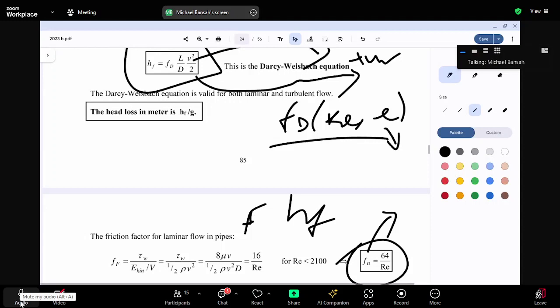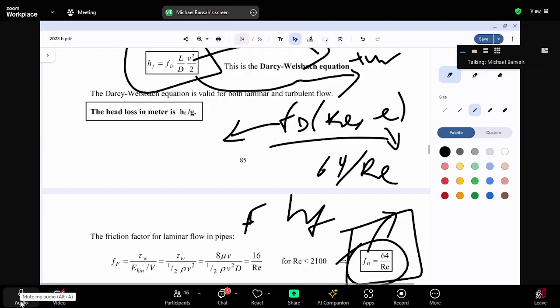But if it is laminar, just use this formula over here, 64 over Reynolds number. Calculate your Reynolds number, it is laminar flow. When you use this, you still get the answer. But you have to go and read from the graph. That will be a long process.